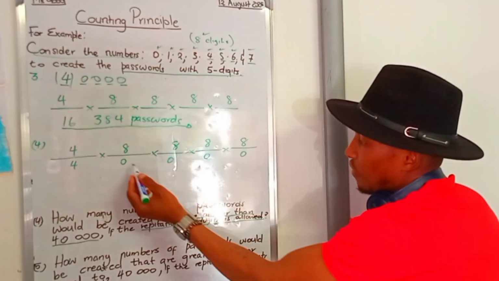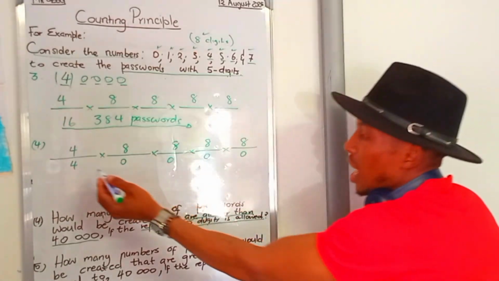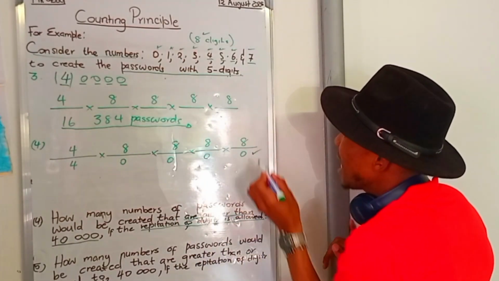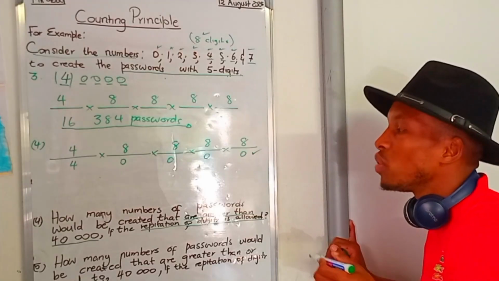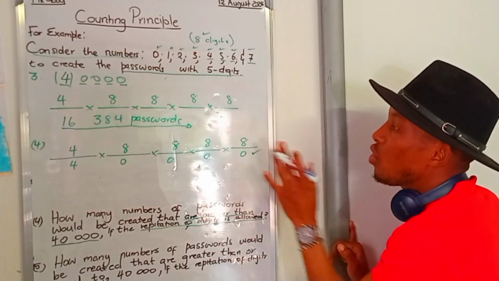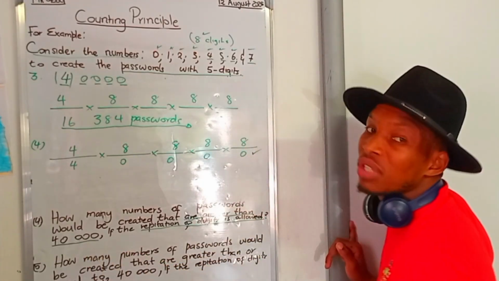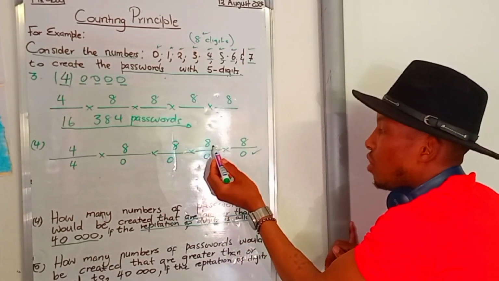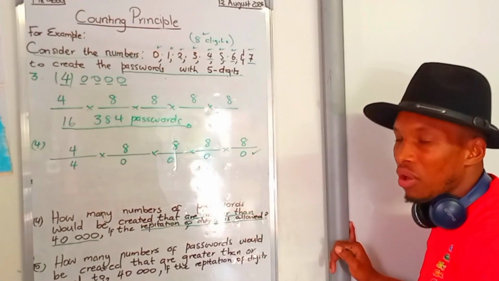Do you see we have 0, 0, 0, 0? Here I only choose 4. Do you see we have an exact code that is exactly equal to 40,000?